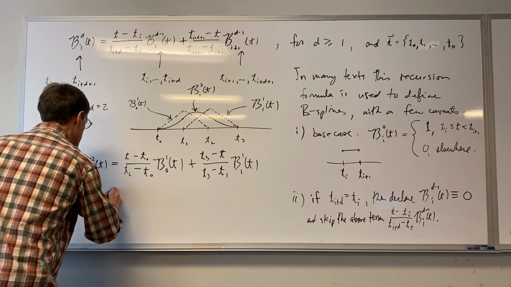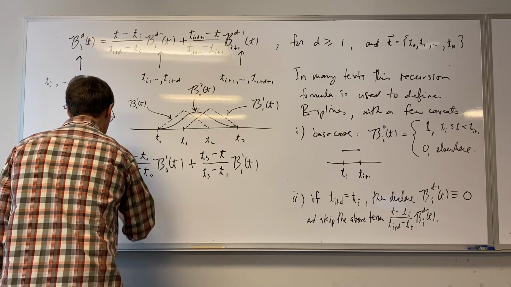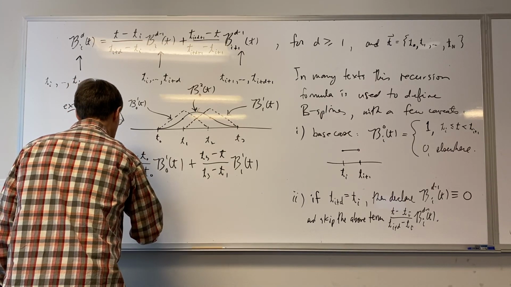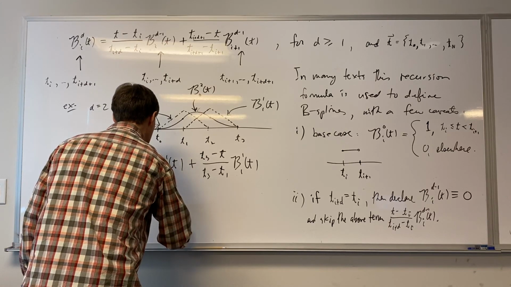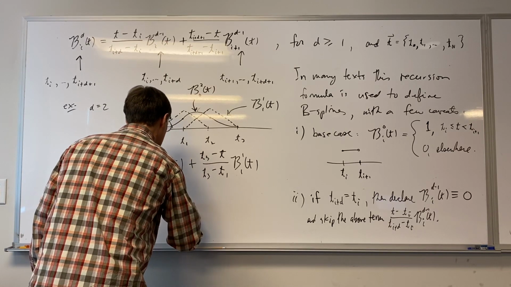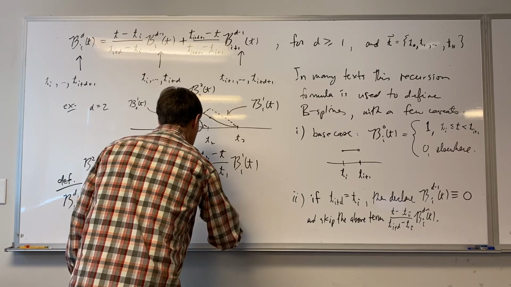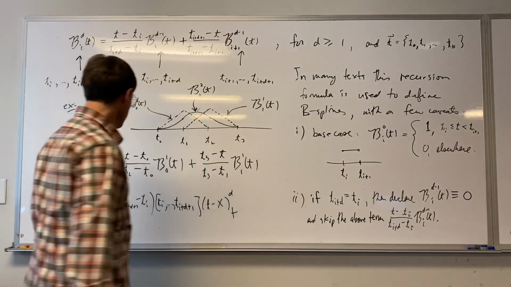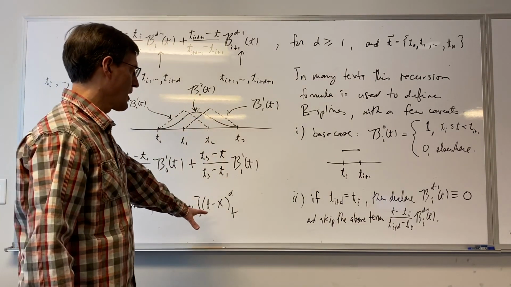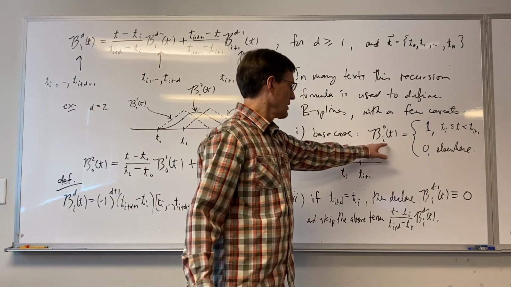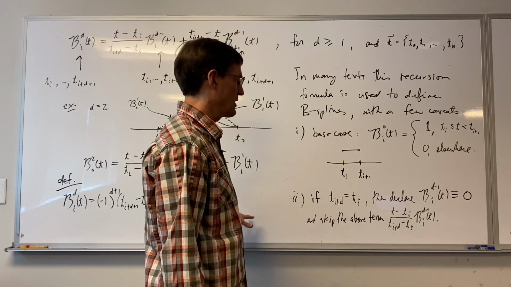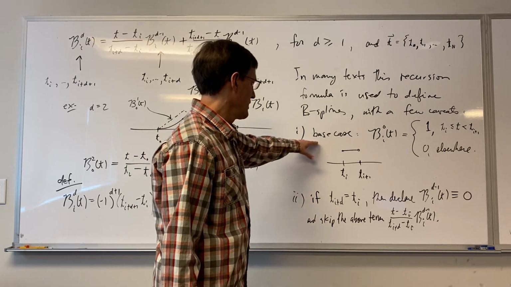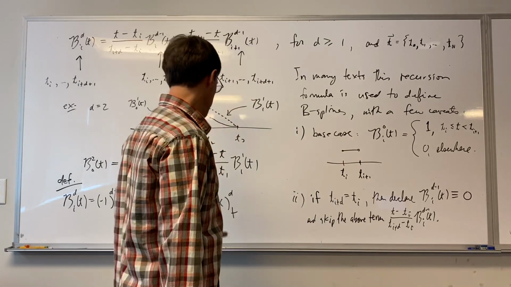Remember, it's just this constant, minus 1 to the d plus 1, then I get t_{i+d+1} minus t_i, and then I get those knot values that go into the bracket operator, and then I get (t minus x) to the d plus. When we use this definition, we will see that the degree 0 case just comes out naturally from this definition. There's nothing extra that we need to define. This function right here comes straight out of the definition.